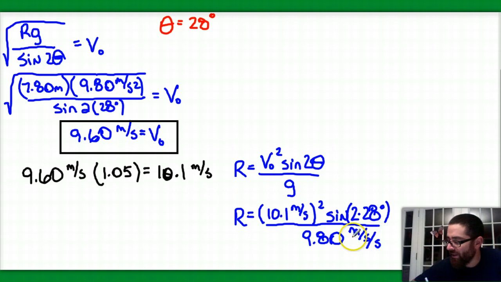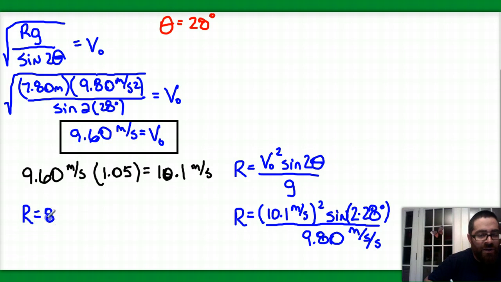When I plug that into my calculator, I'm going to get about 0.8 meters beyond the range that I calculated in the first problem. So in the first problem, I had a range of 7.8, and in the next problem, I'm going to have a range of 8.6. So now I can say that my range for part 2 is going to be 8.60 meters.